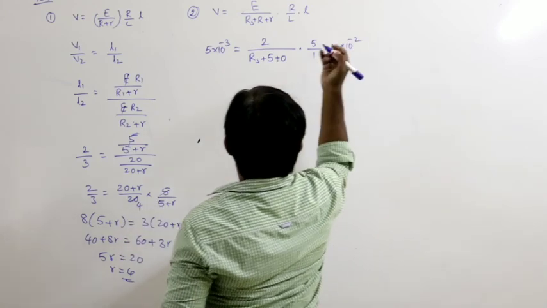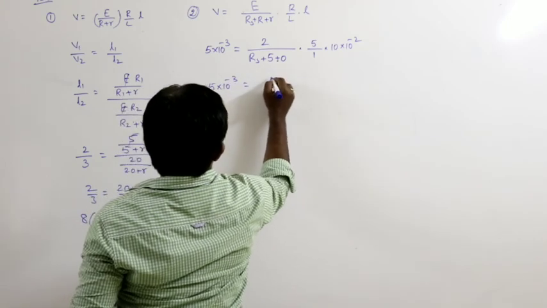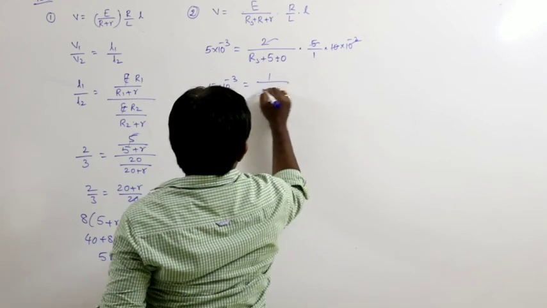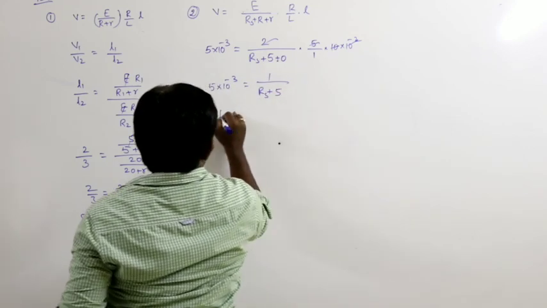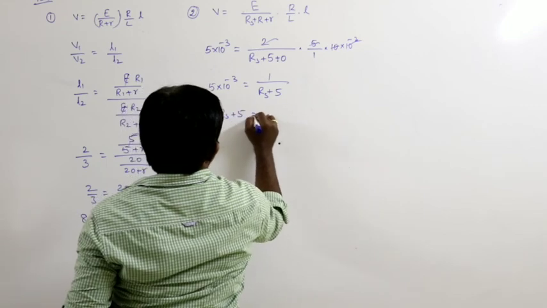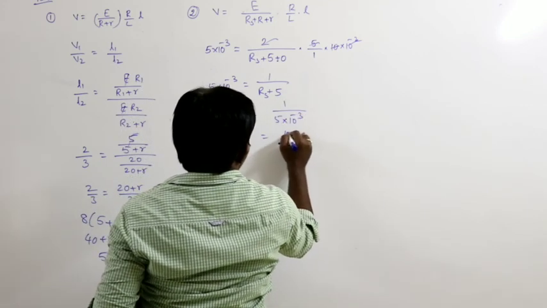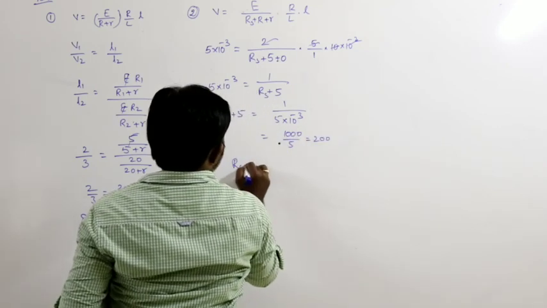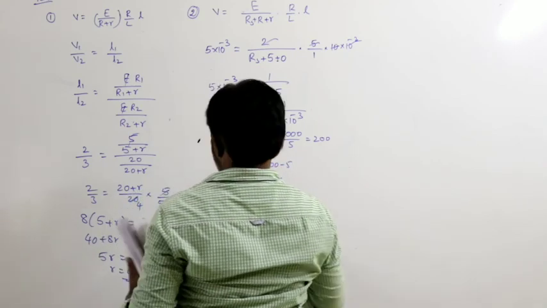So 5 into 10 power minus 3 is equal to 2 by (RS plus 5) into 5 into 0.1. So RS plus 5 is equal to 1 by 5 into 10 power minus 3, so 1000 by 5, so 200. So RS is equal to 200 minus 5, so that is 195.